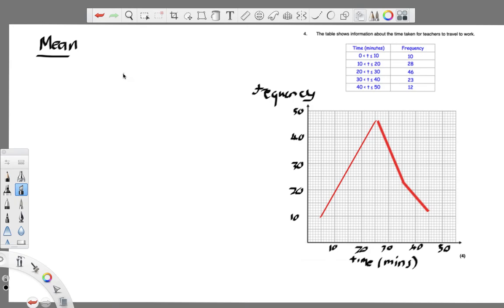Well, we recall that the mean was equal to the sum of the frequencies times the midpoints divided by the sum of the frequencies.